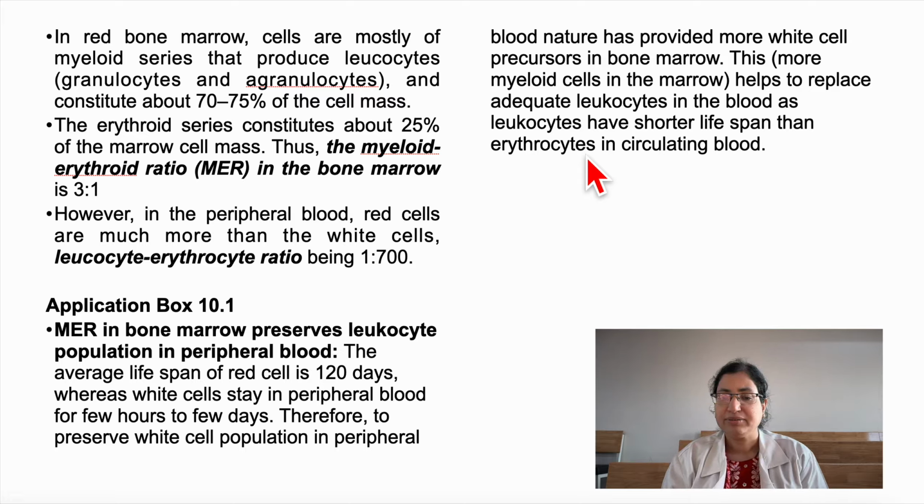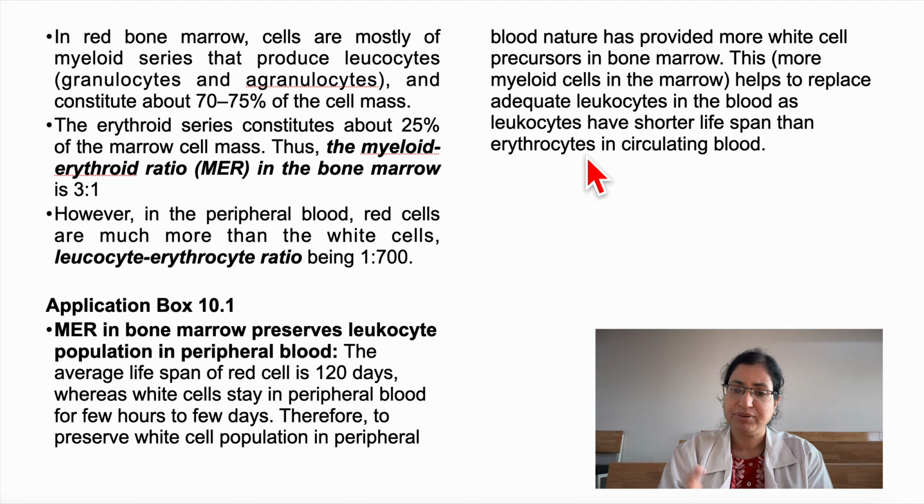So here the nature has provided this system. So 3 times more precursor cells for WBCs are there as compared to precursor cells for RBCs.